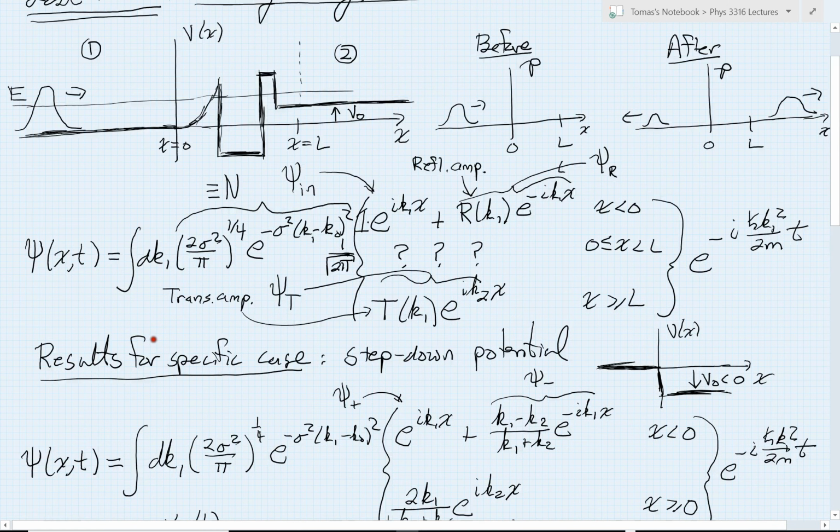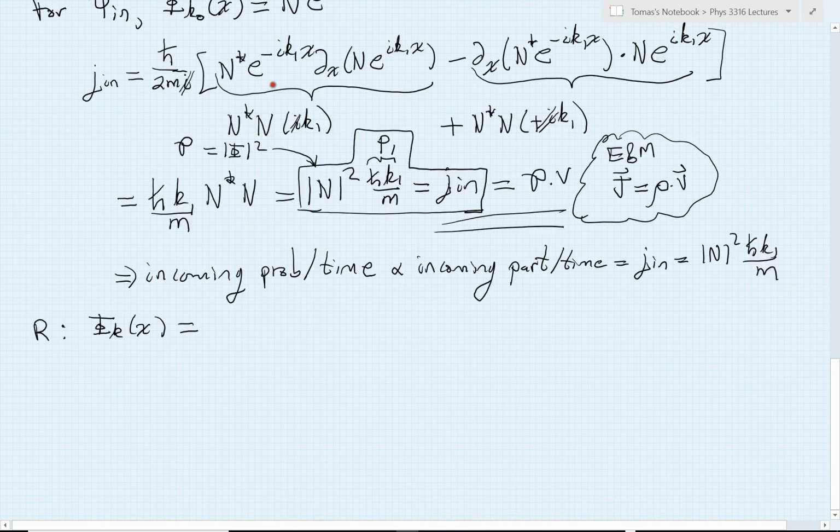Instead of having a factor of 1 times n and a positive exponential, the main difference is now I have n times r as my factor, and that factor is multiplying a negative exponential. So this is n times the reflection coefficient times a minus exponential.